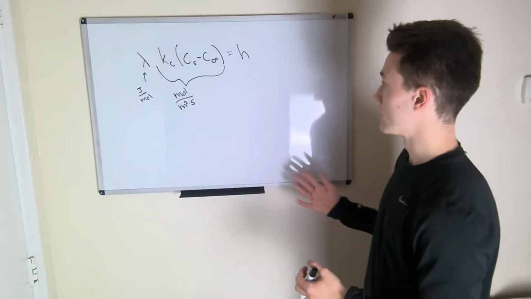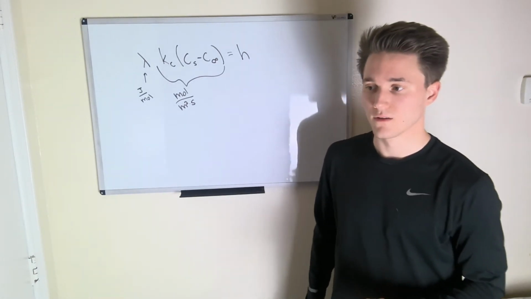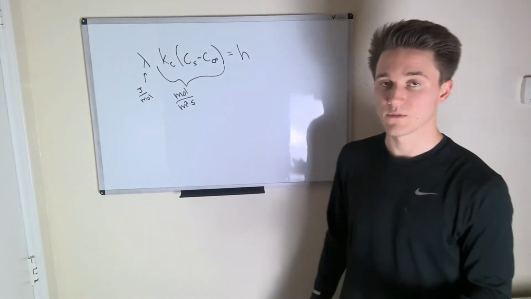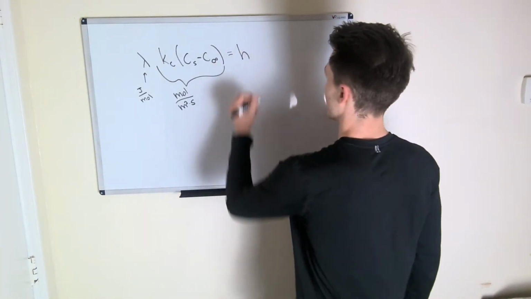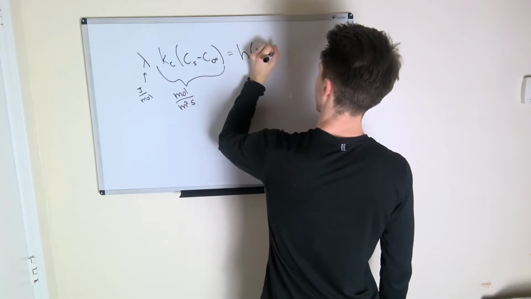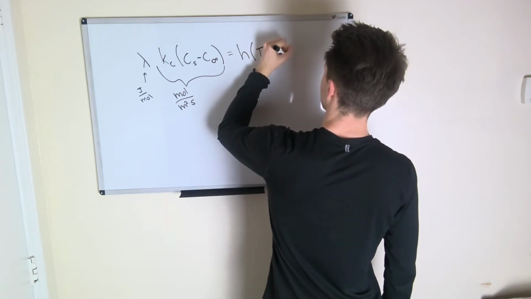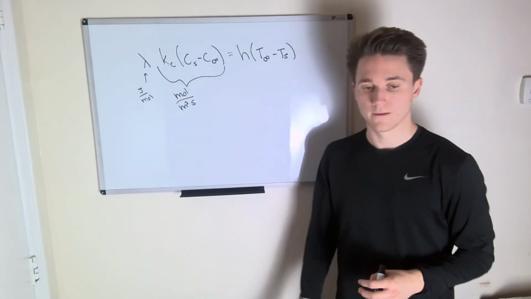And then on our heat transfer side of the energy balance, we need a temperature difference. And that can be expressed as the temperature in the air subtracted by the temperature at the surface of our wet bulb.